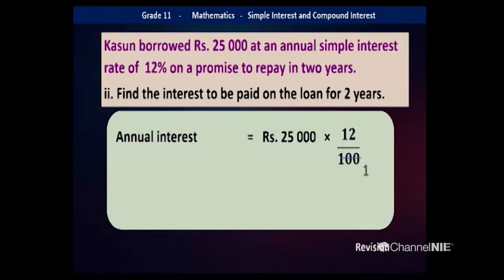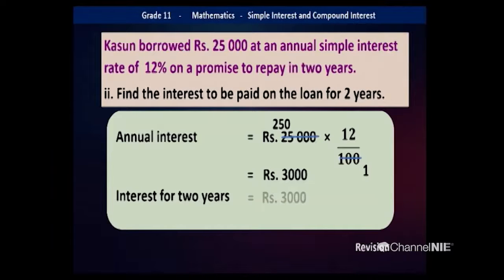Then that answer is 3,000. 25,000 divided by 100 is 250, 250 into 12, rupees 3,000. Then interest for 2 years. They tell about 2 years. 3,000 into 2, answer rupees 6,000. Therefore, for the loan, this person has to pay rupees 6,000 altogether.